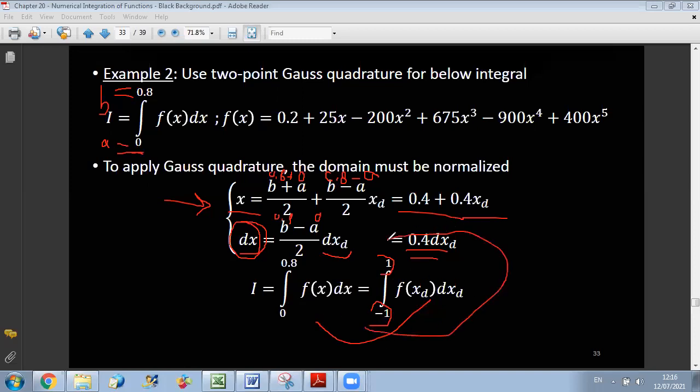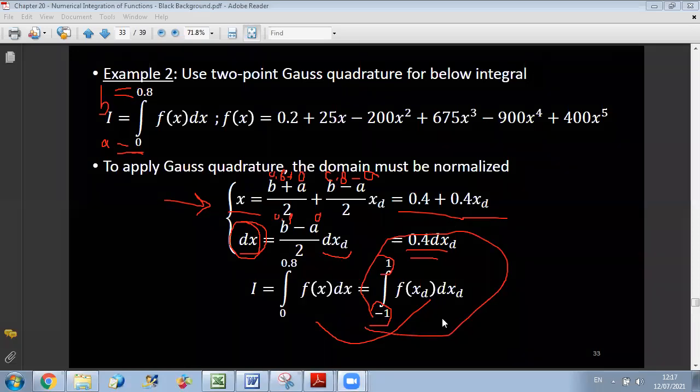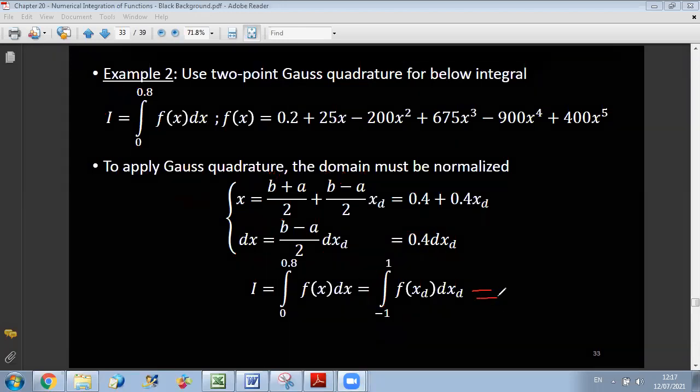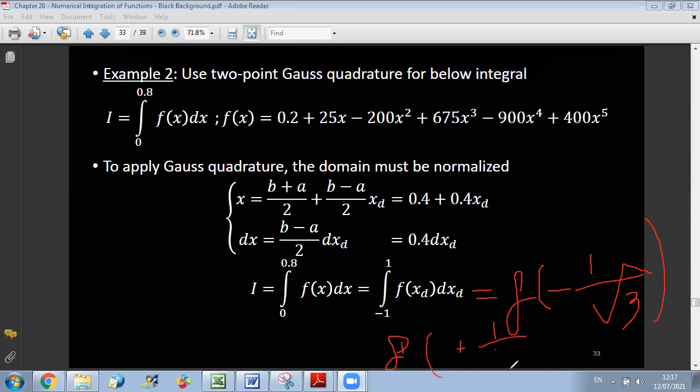So this was my purpose at the end, to transform it to a form that I know how to integrate. And now all I have to do is to use the result I developed previously, which is that this integral, using the 2 points Gauss quadrature formulation, is equal to f at minus 1 over radical 3 plus f at plus 1 over radical 3.